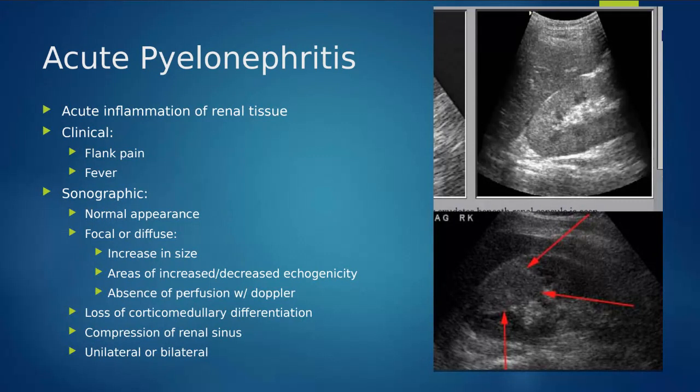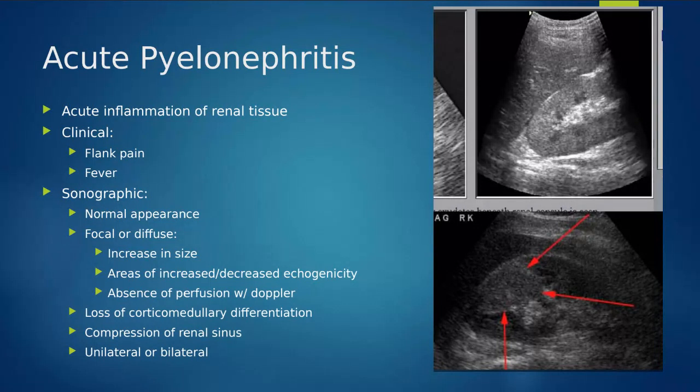So we usually get this overwhelming amount of blood flow to an infected or an inflamed area. But for acute pyelonephritis, we're not. So we're not seeing that perfusion or that blood flow into that area. So it's kind of bizarre in its behavior, at least with its appearance on ultrasound.